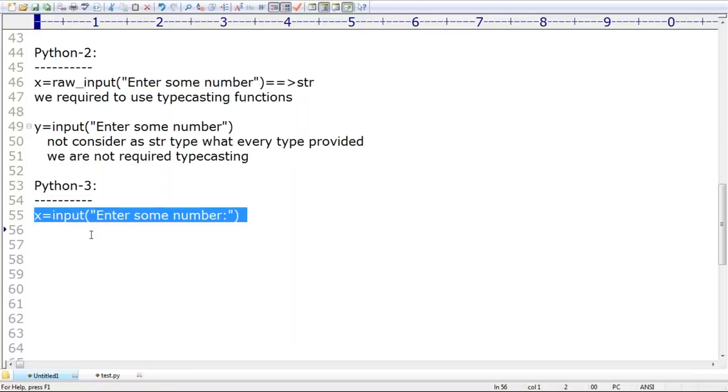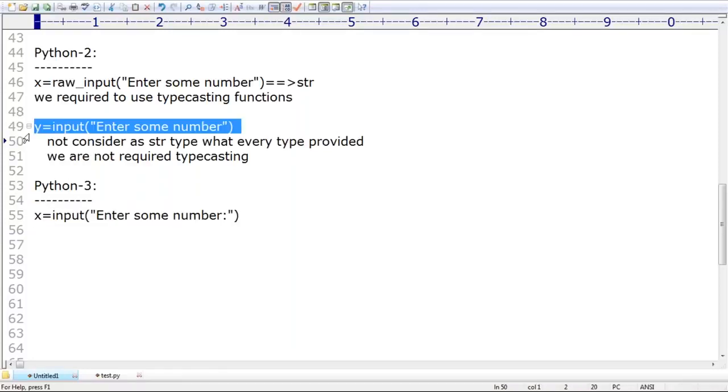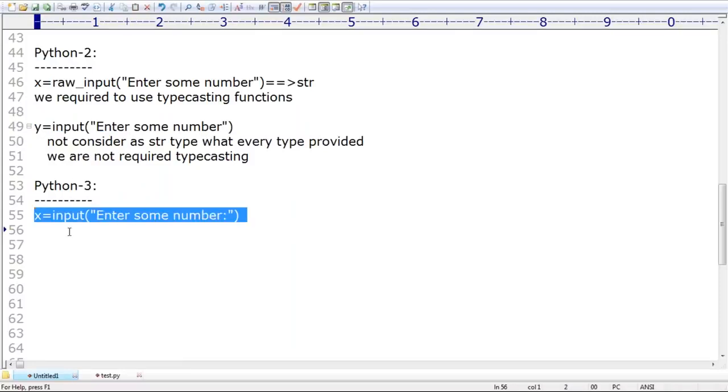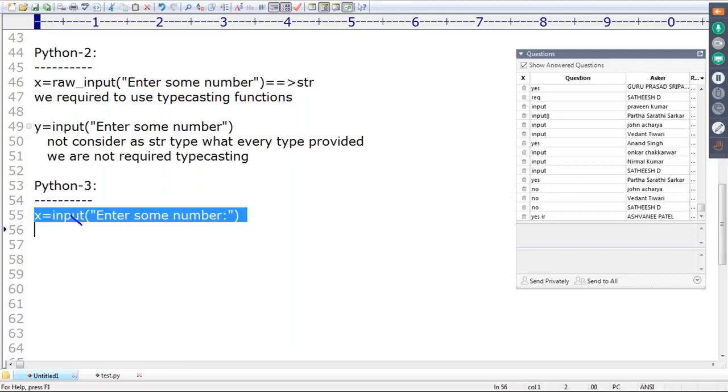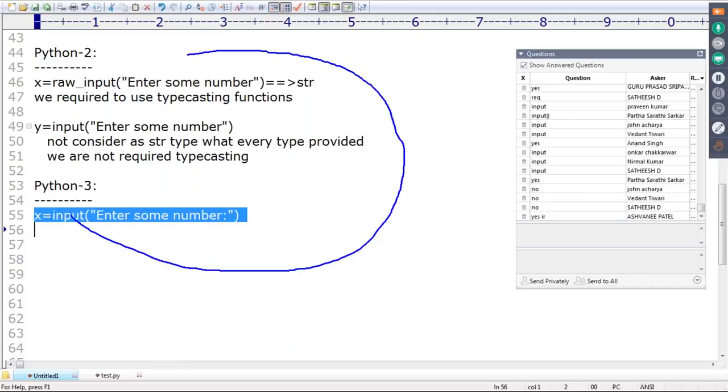Python 3 input function and Python 2 input function are not the same. Python 3 input function simply acts as the raw input function of Python 2. Remember that. That's why typecasting is compulsory. Why am I creating this type of confusion?